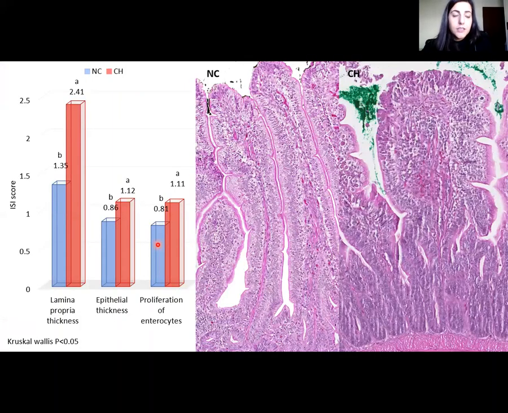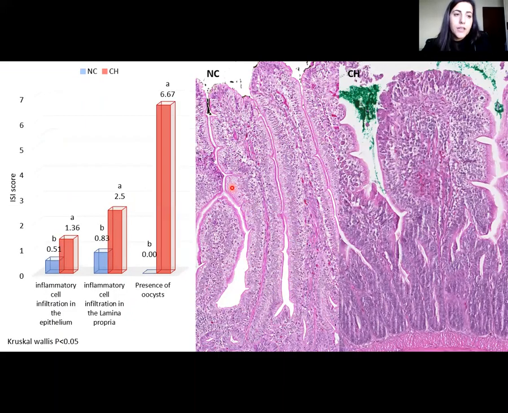In the ISI method, we analyzed the lamina propria, epithelial thickness, and proliferation of enterocytes, which presented better results in the non-challenge group. So lamina propria and epithelial thickness and proliferation of enterocytes were lower in the non-challenge group compared to the challenge group. Epithelial inflammatory cell infiltration in the epithelium and lamina propria, in presence of oocysts, of course, the non-challenge group showed no presence of oocysts compared to the challenge group.